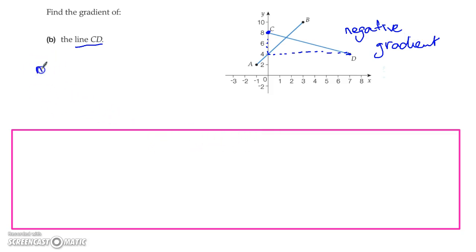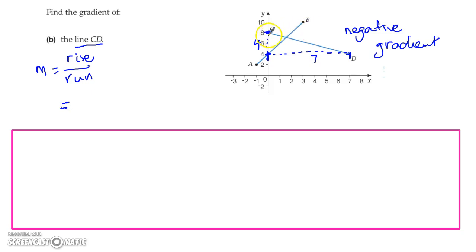So to find our gradient, we need rise over run. Now we've gone from 4 up to 8. 4 up to 8 is a distance of 4. Then we've gone from here 0 across to 7. So we have a distance of 7.